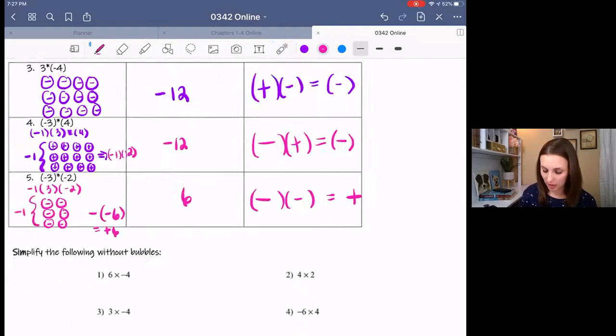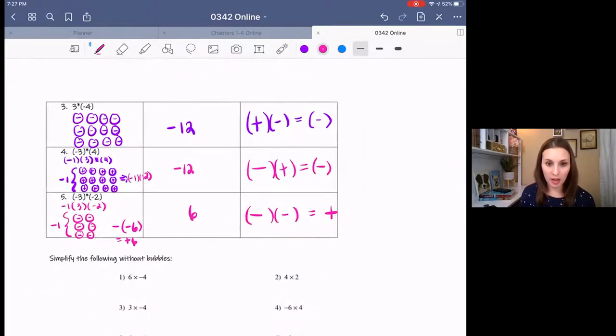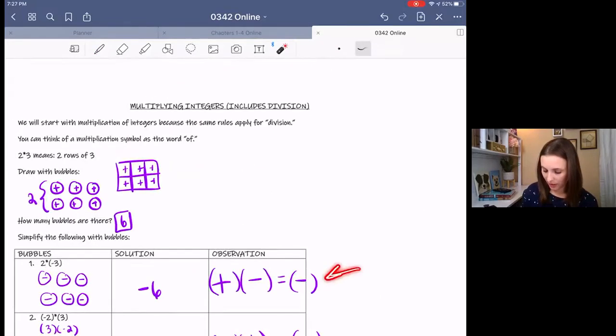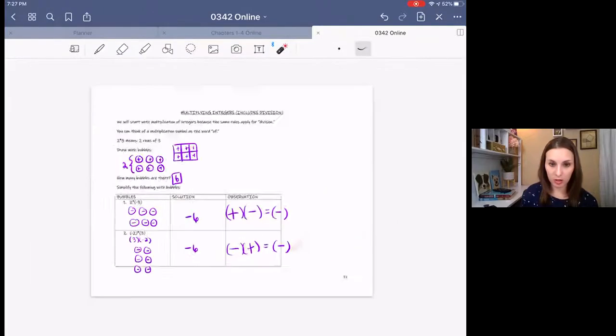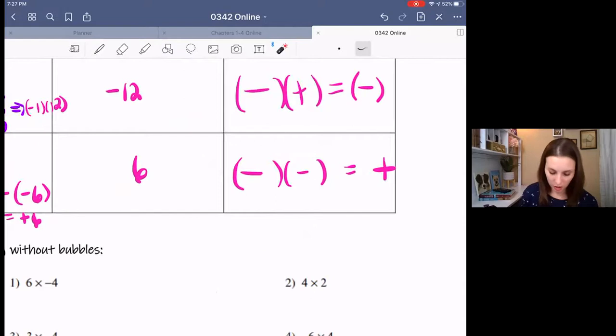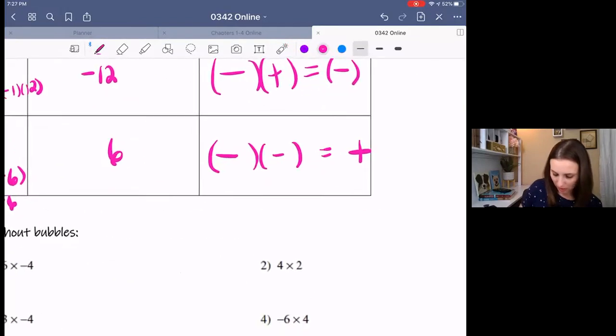And you can see in the table that all of our solutions were negative except for the one with a double negative. Let's take that a step further. If this had been +3 times +2, we know that to be +6.